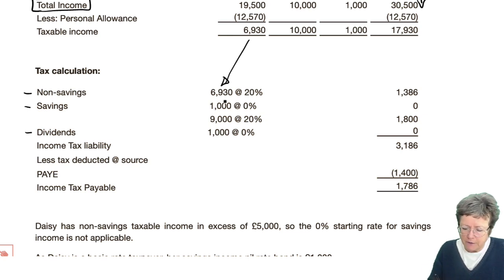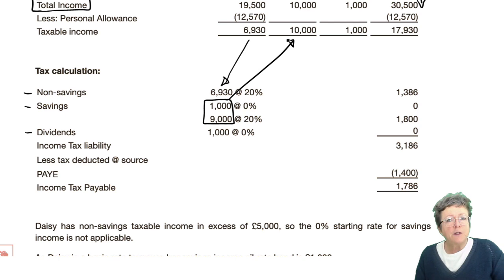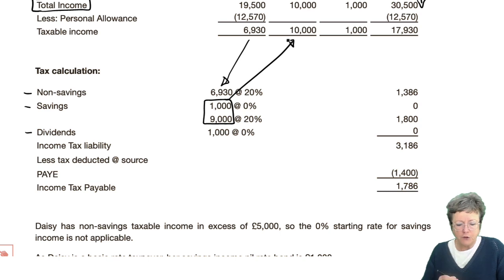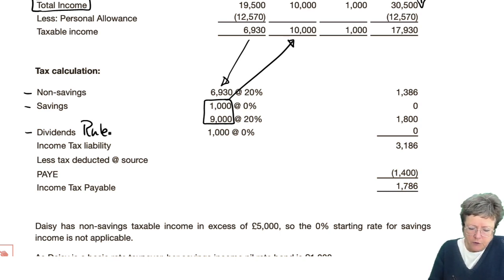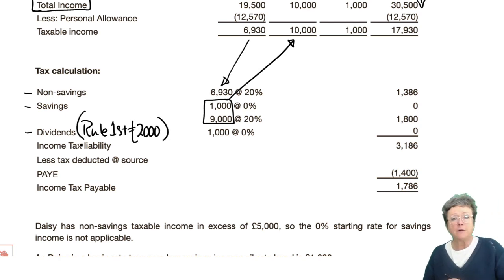The rest of that, see those two add up together to be 10,000. 9,000 is 20%. Now the dividends, you remember the rule? The first £2,000 of any dividend income was at 0%. That's the rule. This falls within that remit, and therefore £1,000 will be at 0%.